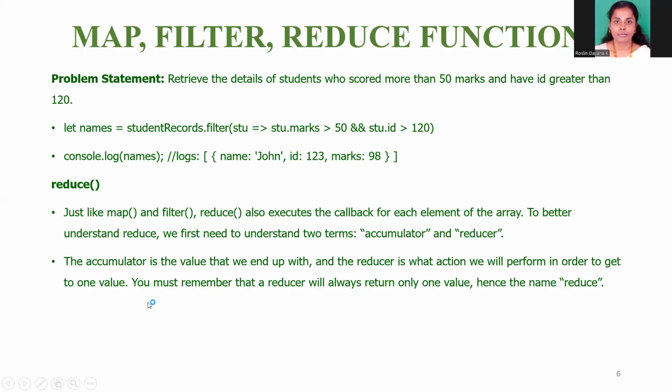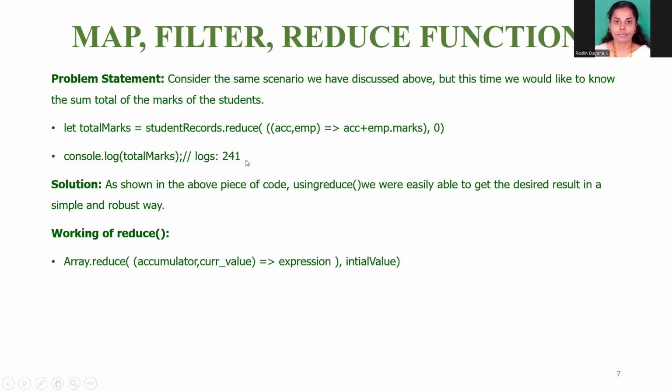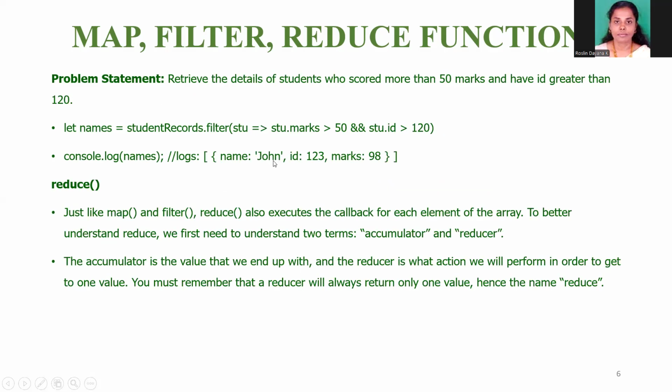Another problem statement has two conditions: students who scored more than 50 and whose ID is greater than 120. In this case, only John has an ID greater than 120 and marks above 50. So student records dot filter of student where student dot marks greater than 50 and student dot ID greater than 120.